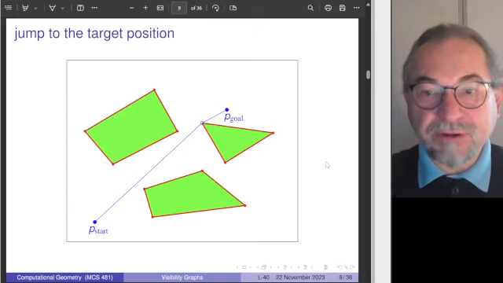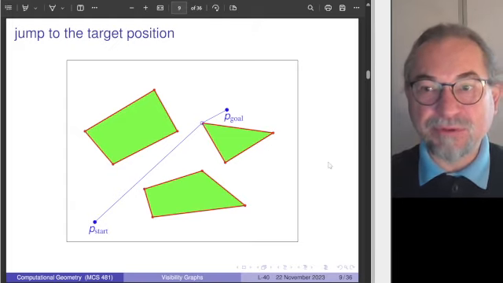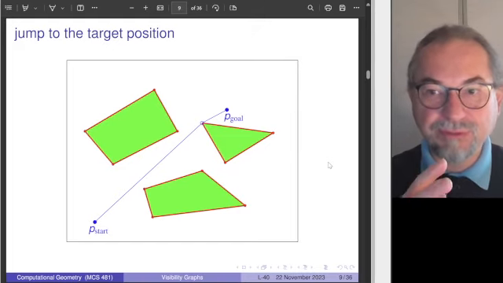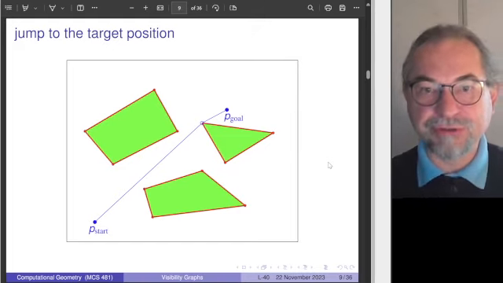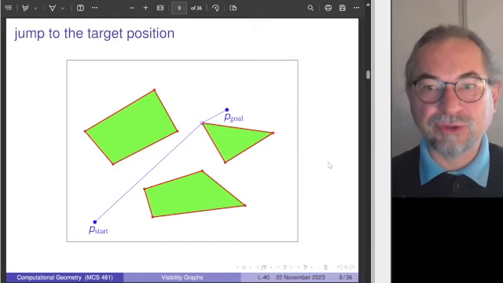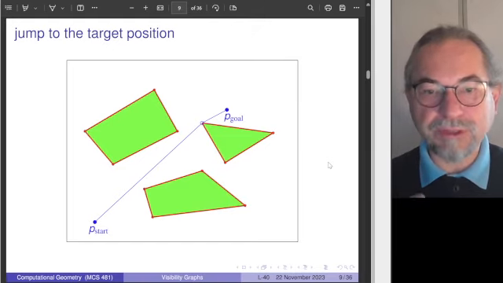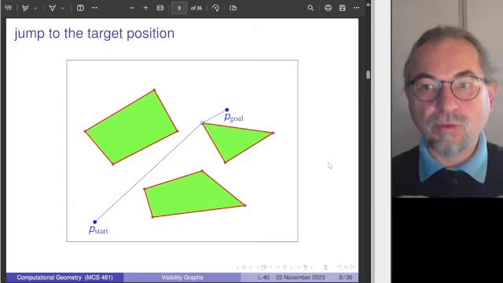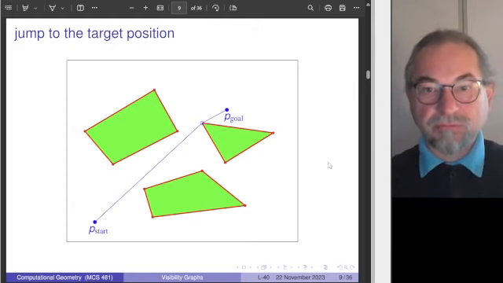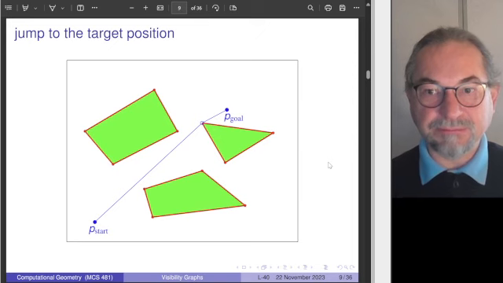So the point of this very simple example is to give the geometric intuition that finding the shortest path is related to determining the visibility of all the obstacles. What vertex can you see?